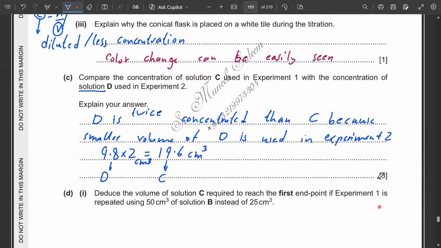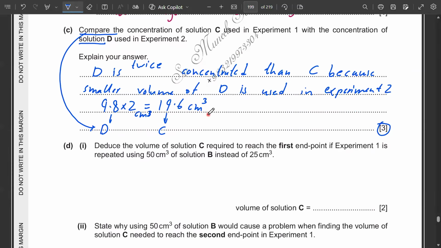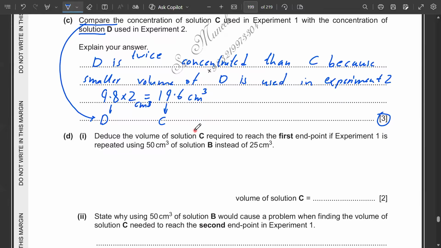So this will give you complete 3 marks for the question. You need to write everything over here. You have to do the comparison. So comparison must be done quantitatively. This calculation must be there to justify your point why you are saying it is twice as concentrated. I hope it's clear to everyone.